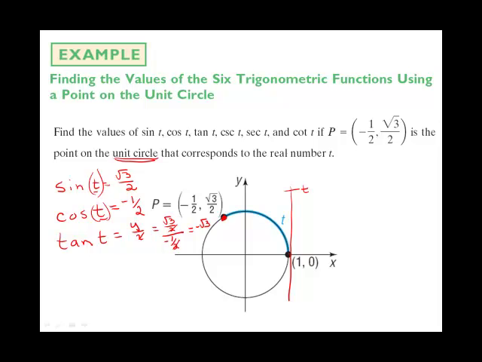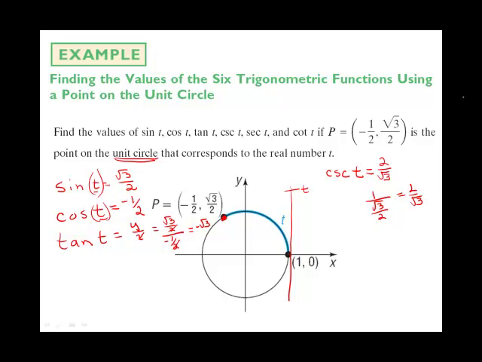So sine, cosine, and tangent, and then we've got cosecant, which is the reciprocal of the sine, and it's also 1 over y. Either way, the reciprocal of sine, we can just write 2 over the square root of 3. If we wrote 1 over y, then it would be 1 over the square root of 3 over 2, which is also 2 over the square root of 3.